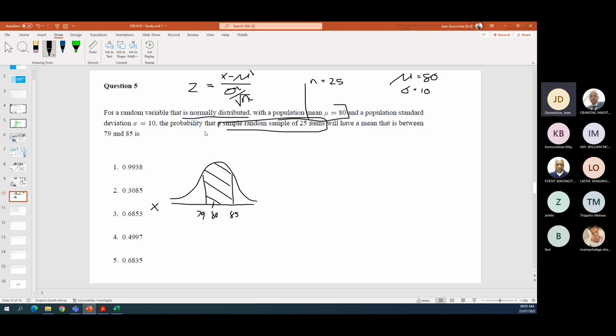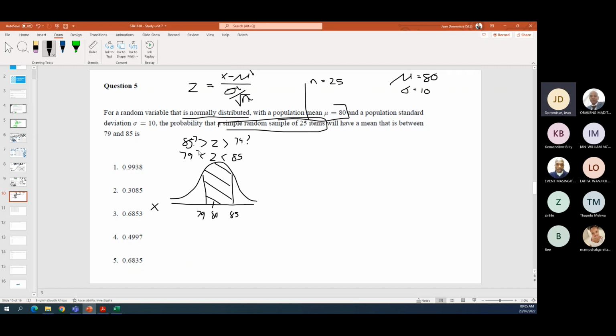So when we look at the z's, we basically want to work out a z that is bigger than whatever that 79 is going to be, but smaller than what the 85 is going to be, or we sometimes write it as smaller than 85 and bigger than 79.